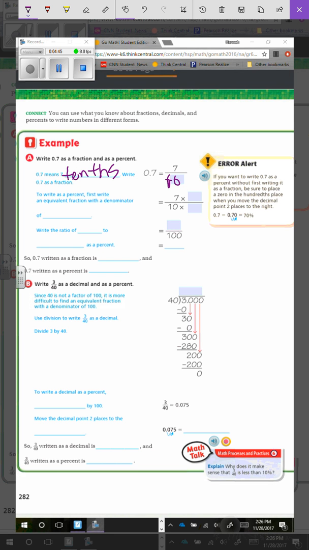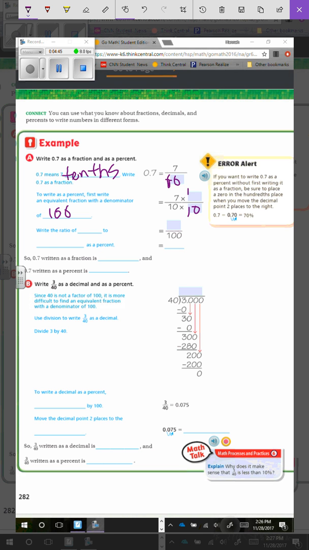To write a percent, first write an equivalent fraction with a denominator of 100. Again, all percents are compared to 100. They're a ratio of 100. So to get that to be 100, we need to make the denominator 100. So 10 times 10 gives us 100.